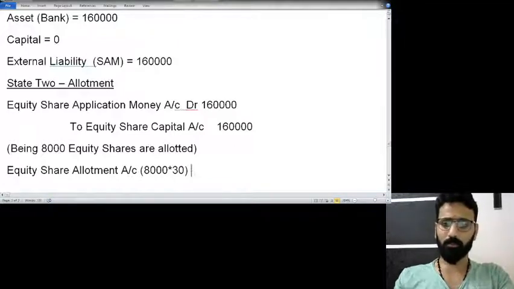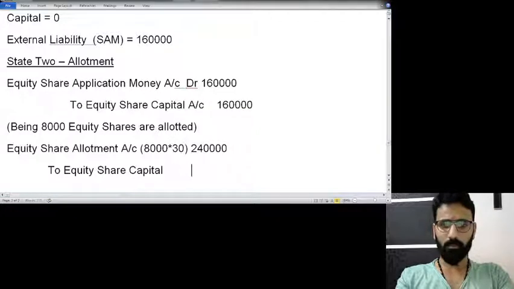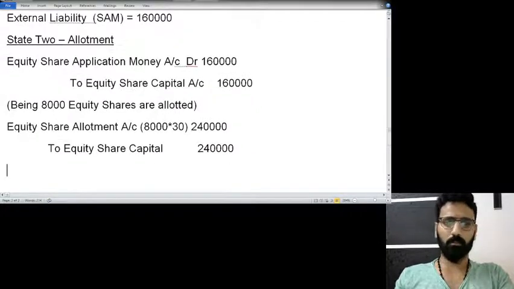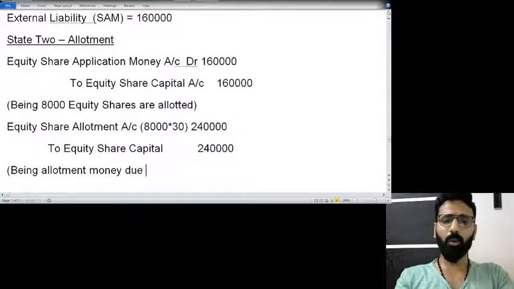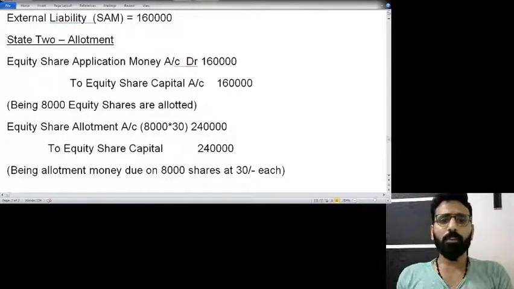That is 240, to equity share capital, same 240. Now I'll write here being allotment money due on 8,000 shares at 30 rupees each. So I passed the due entry.